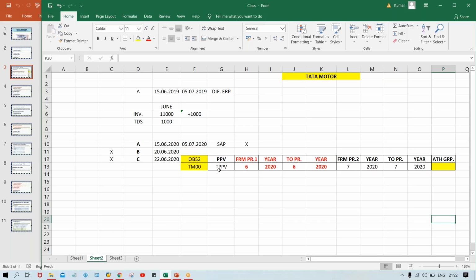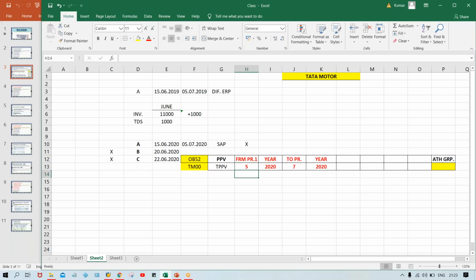Let's suppose here from 1, 7 to 7 is open, and from 2 I have not given anything. In from 1 I have given 7 to 7, which means the current period is open. So if the fifth period is going to be open, guys, then here I'm going to give 5.